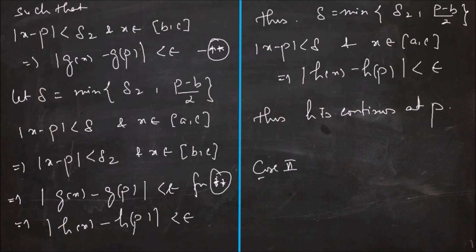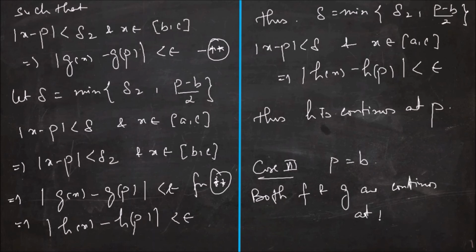Now case 3, when p is equal to b. So in this case both f and g are continuous at p. So for epsilon greater than 0 there exist delta 3, delta 4 greater than 0.